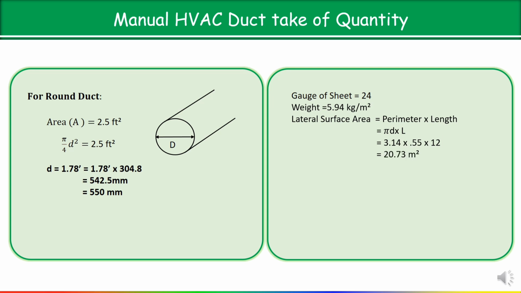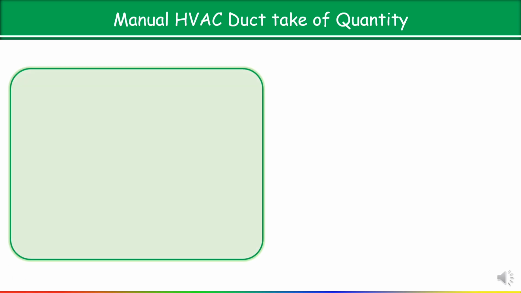From here we have got the lateral surface area of 20.73 square meters. Now you can easily calculate the total weight of that duct: 5.94 kg per square meter into lateral surface area. When you substitute, the square meter will cancel, and you will get the weight in kg. How much? 123.13 kg.